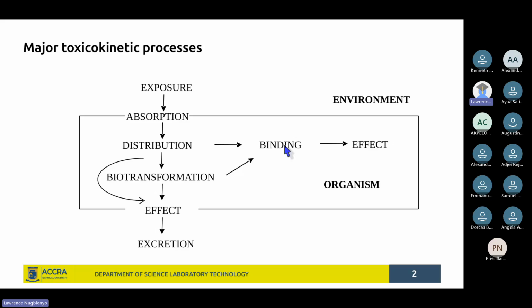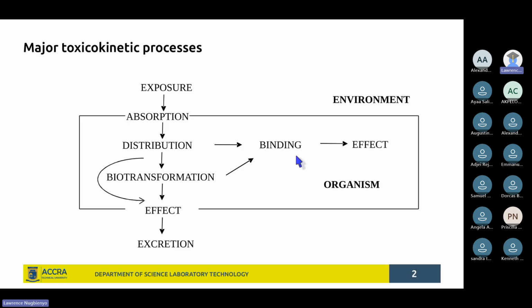Now, in distribution, you can have the substance in the bloodstream binding to some blood proteins, some plasma proteins, and in so doing, in binding can have some effect. Or the substance, even in the bloodstream, goes to bind to some specific receptors in some tissue cells, and then will have its toxic effect.